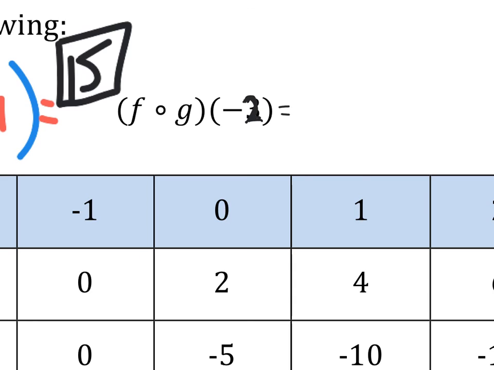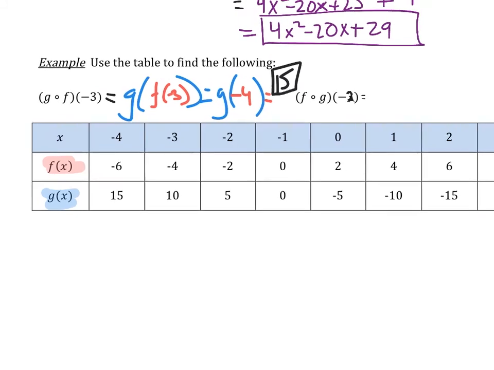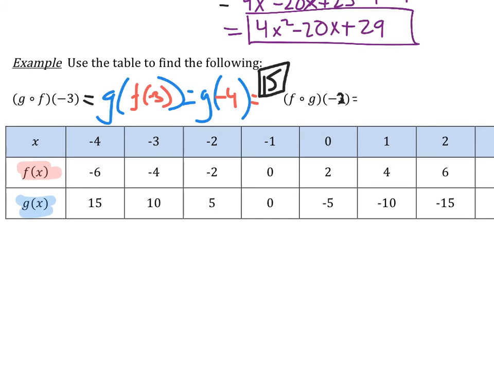All right, so what is f of g of negative 2? Well, that means we've got f composed with g of negative 2, f of g of negative 2. Well, what is g of negative 2? g of negative 2 is 5.